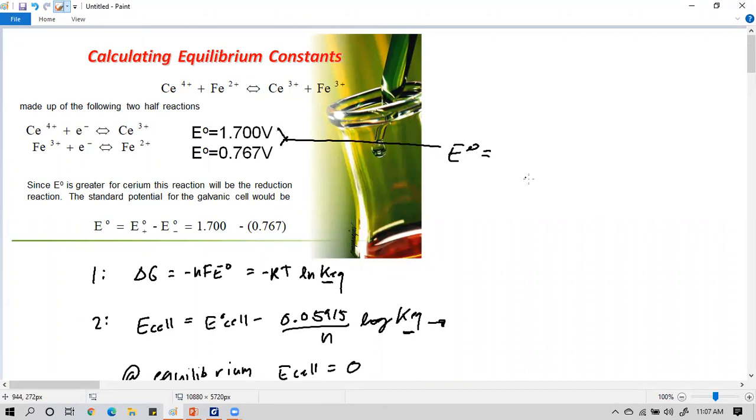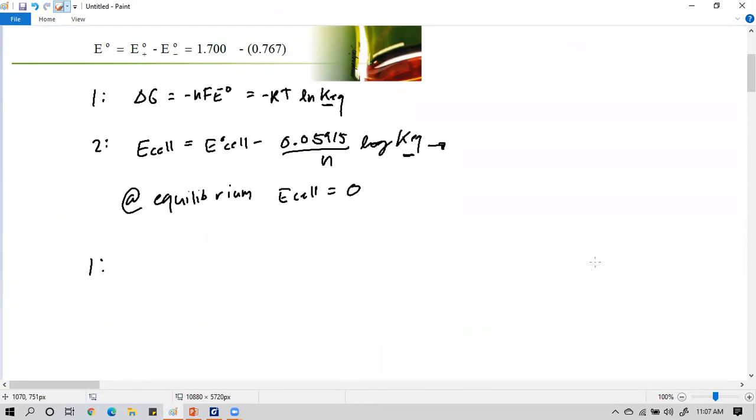Nasa anode, mas malaki, 1.7. Ano yung nasa anode, the reduction or the E left? That is 0.767 volts. Which will have a value of 0.933 volts.